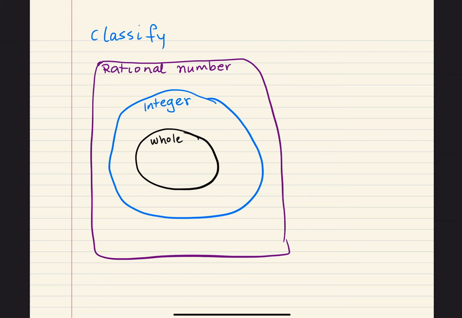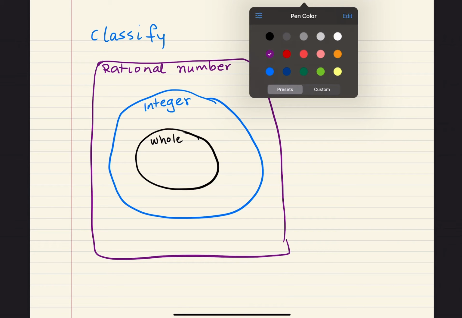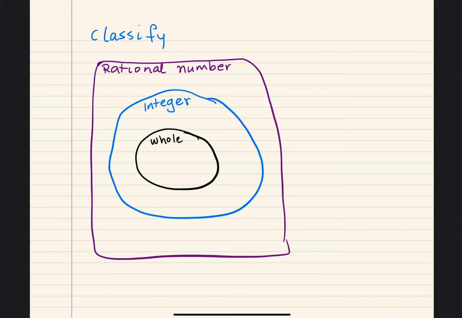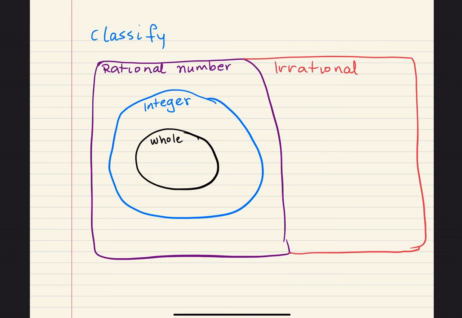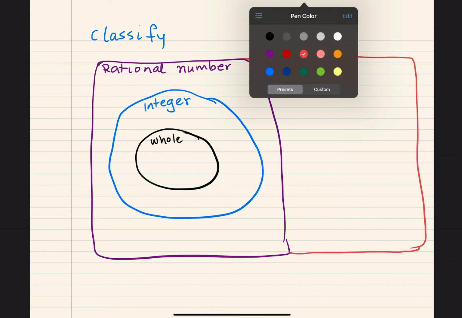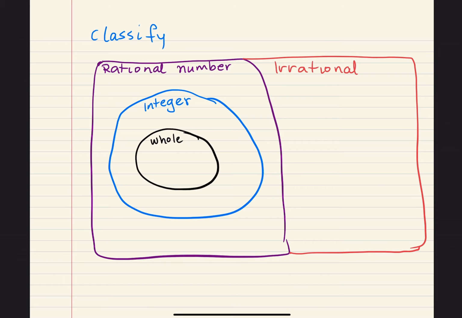Then there are irrational numbers, which don't belong to rational numbers. So I write it here, irrational. So let's say this is another box. These all together we call real numbers.